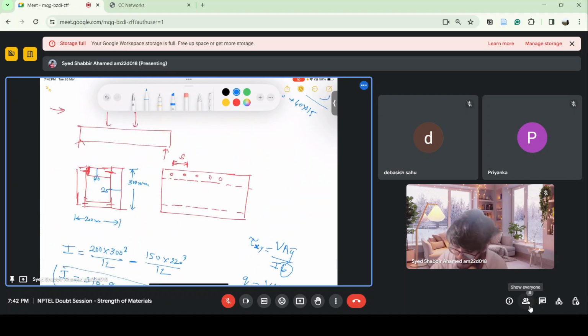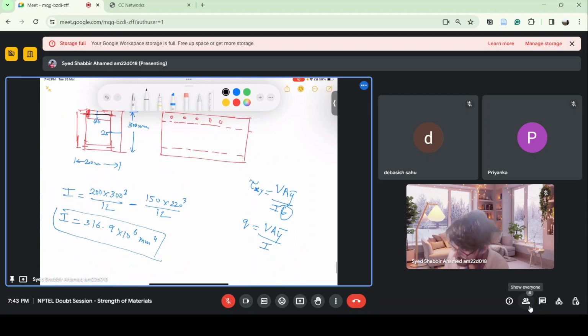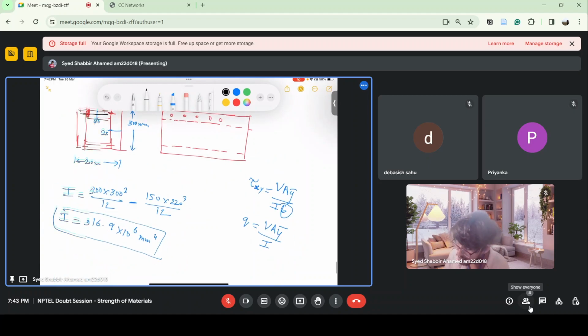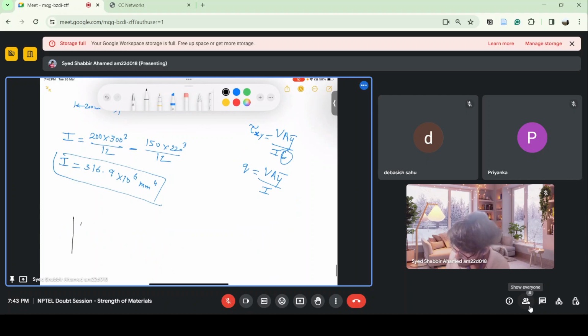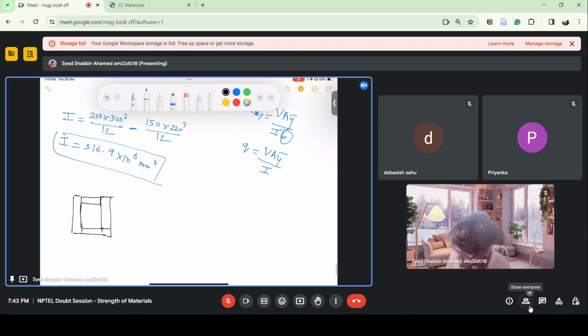So, at the nails, let's say this is what it looks like.